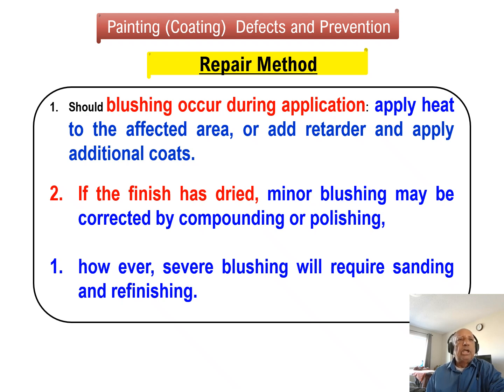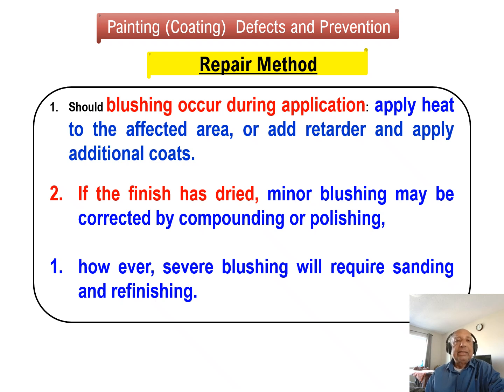In case you have already painted the parts and the defect of blushing milkiness is observed, then how to repair it. In case the blushing has occurred during application, apply heat to the affected area or add retarder and apply additional coats.